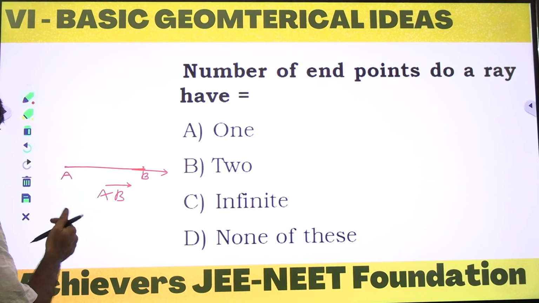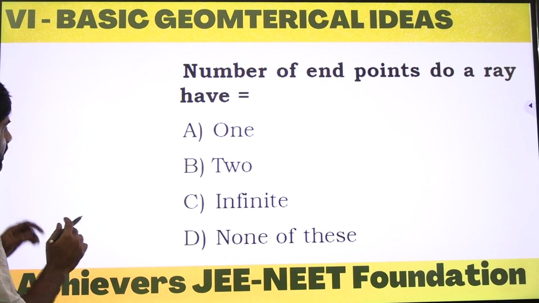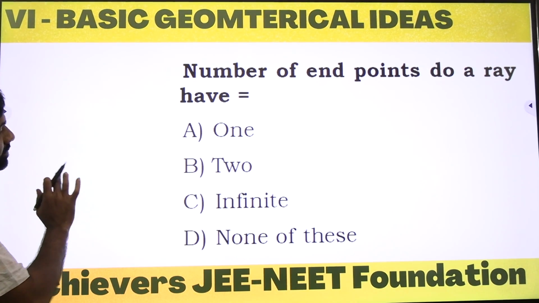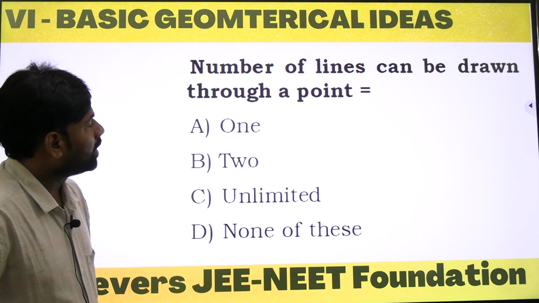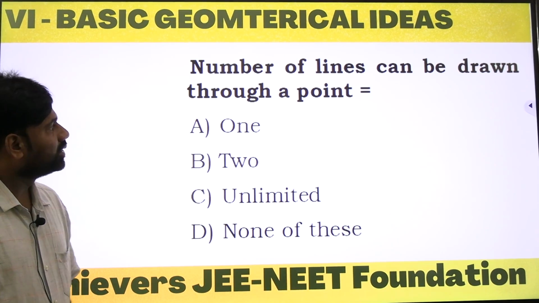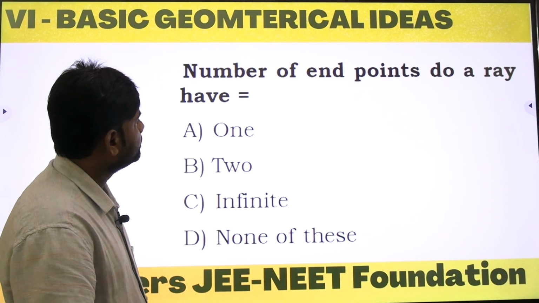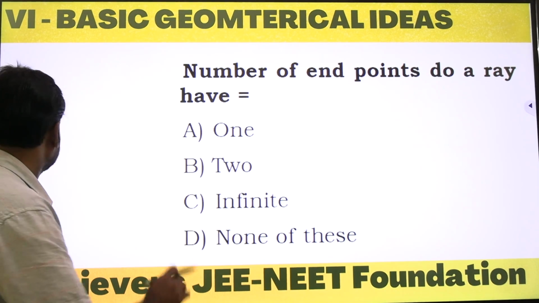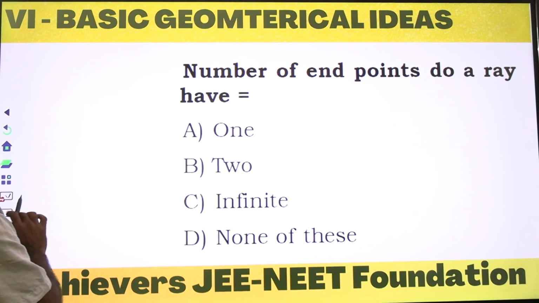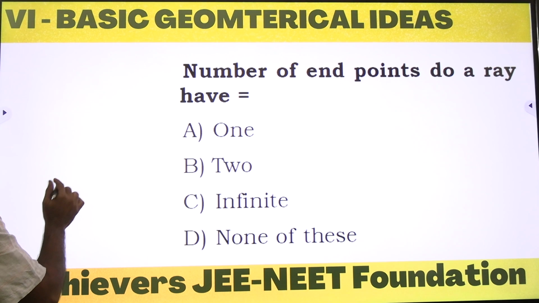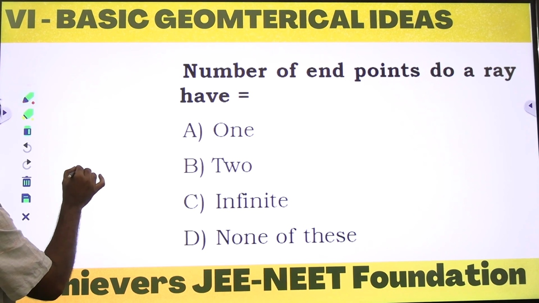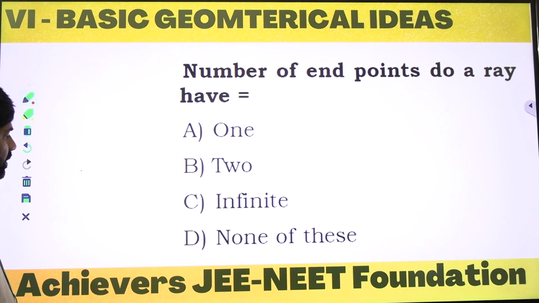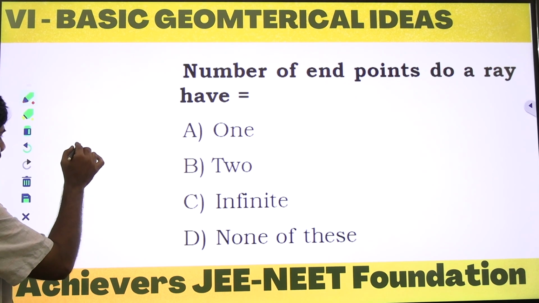Okay. Next question. Number of lines that can be drawn through a point is equal to dash. Suppose let us take one point. Through this point, how many lines can be drawn?